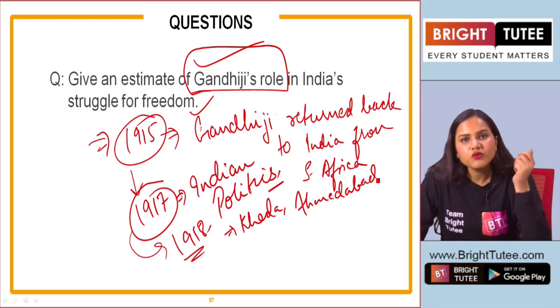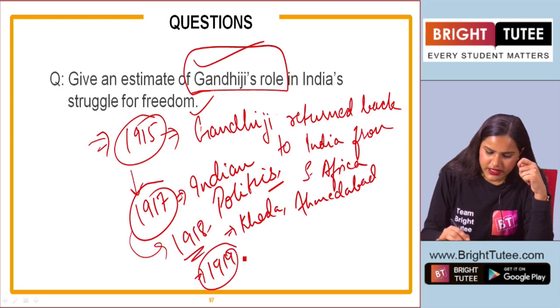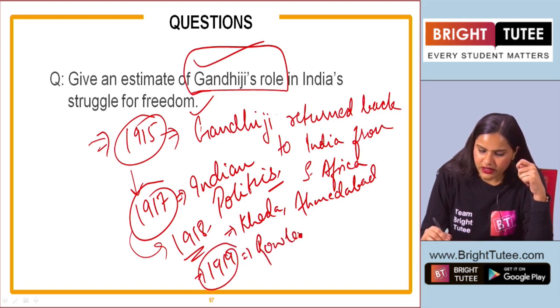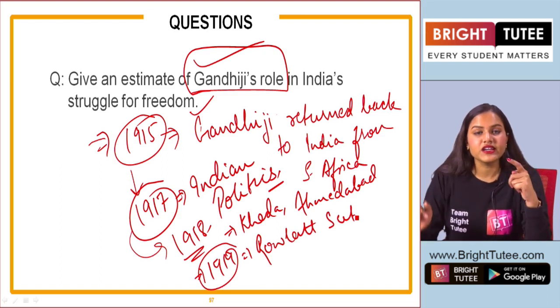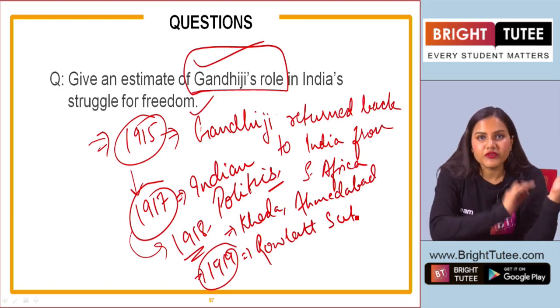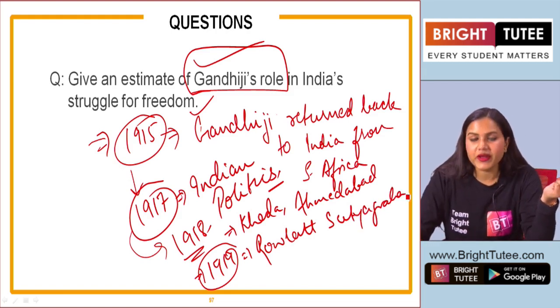Now, apart from that, what was happening here? In 1919, with the Rowlatt Satyagraha, Gandhiji led a mass movement in the country that was not known before. This is a very important point that you have to mention here.